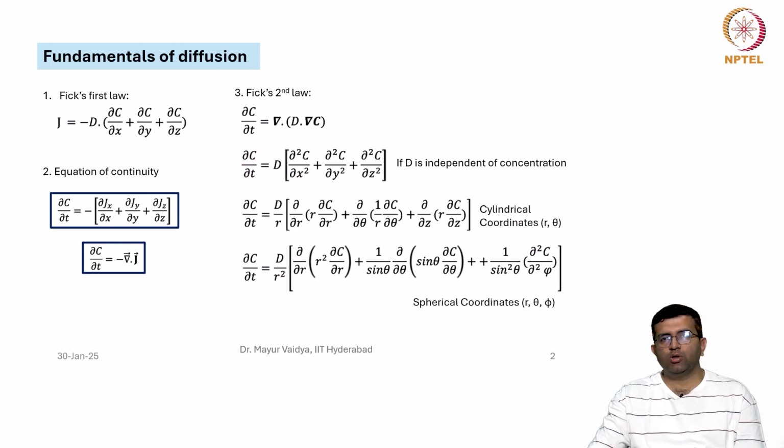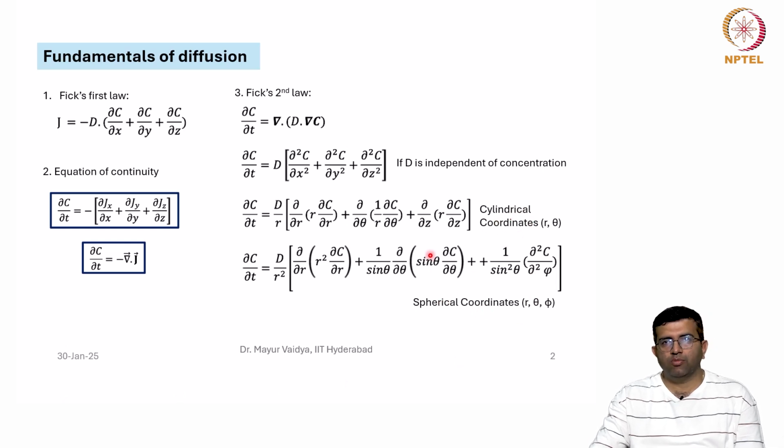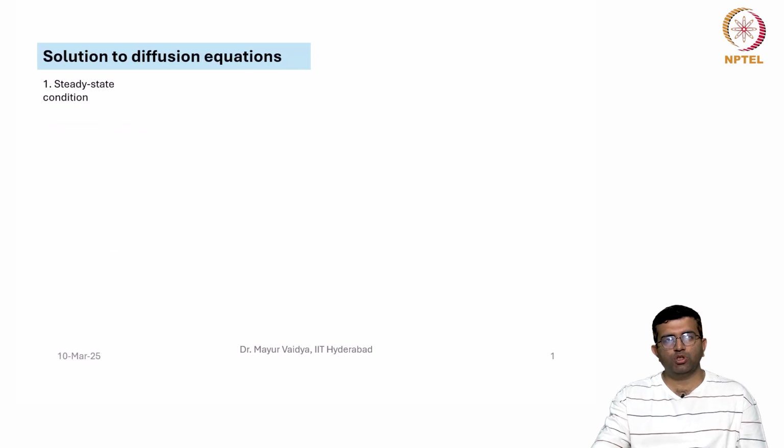And we could write this equation in the cylindrical coordinates as well as the spherical coordinates, depending on the geometry you are solving for, these forms of the second law can be used. So this is what we call the continuum approach for understanding diffusion.